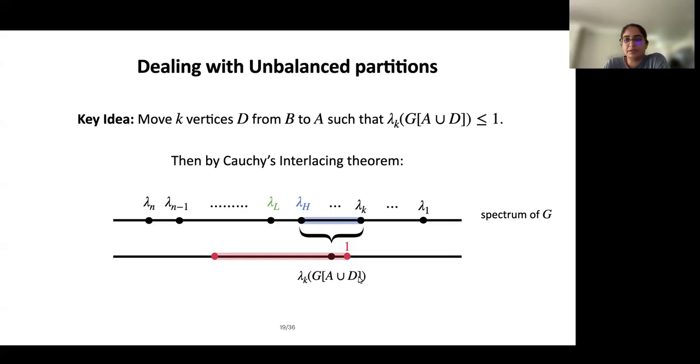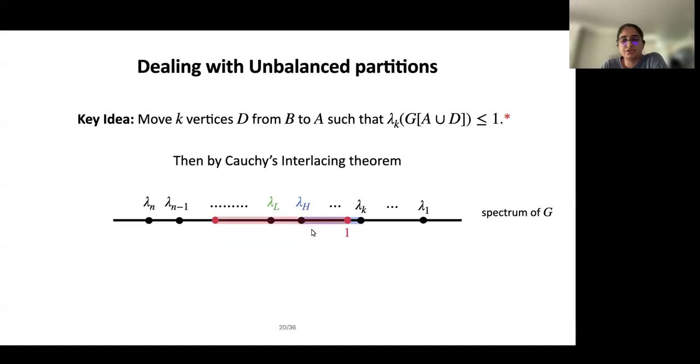In terms of what is happening with the eigenvalues and the Cauchy interlacing theorem, what it gives us is that now this kth largest eigenvalue gives an upper bound on lambda H. And because this is bounded above by 1, we immediately get that my lambda H is also bounded above by 1.